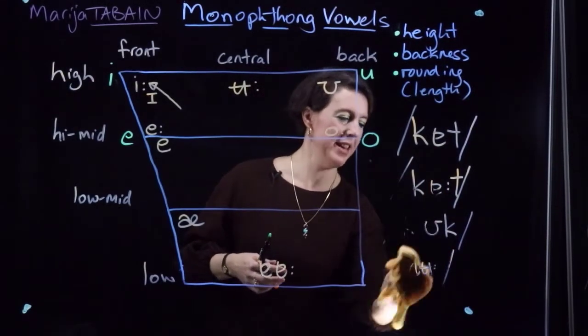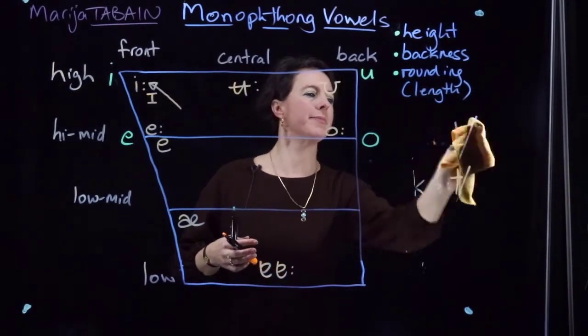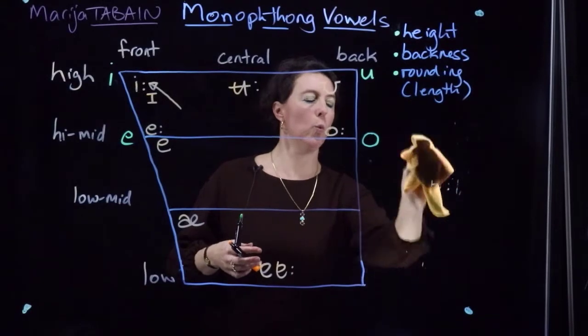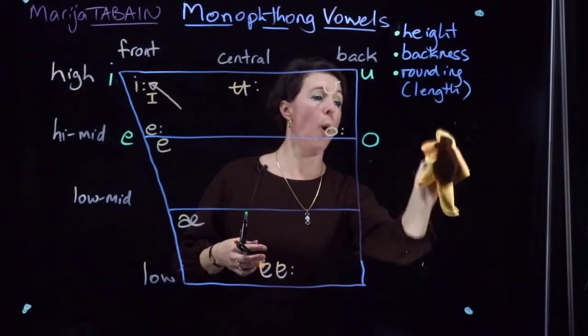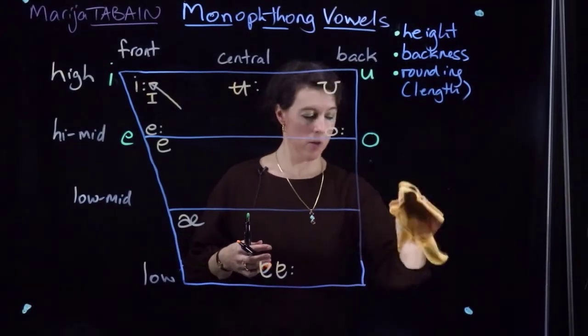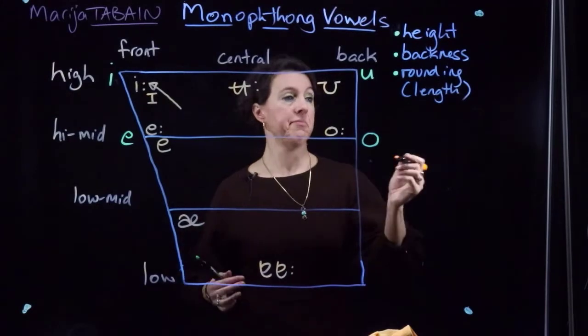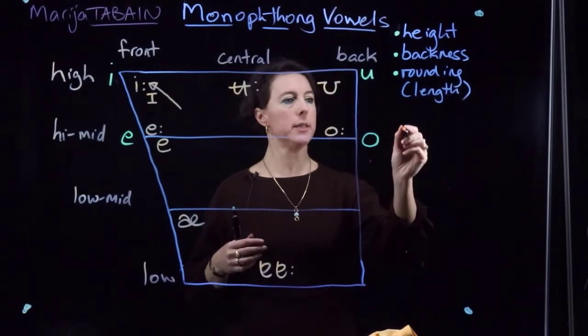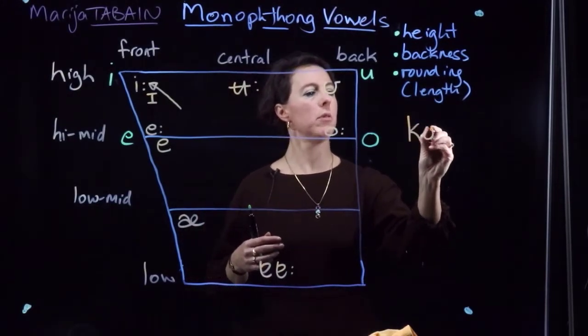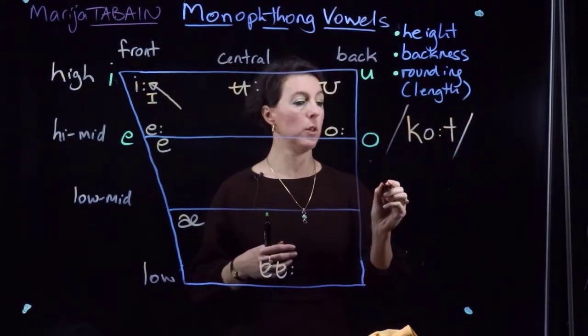Sorry about that. So the vowel OR, as in door, please close the door, or caught. I caught the ball. So that would be something like caught the ball, or close the door.